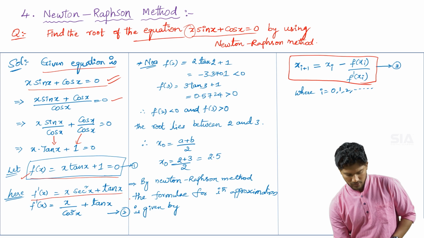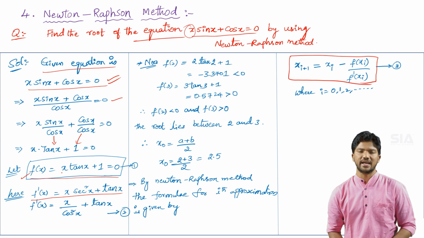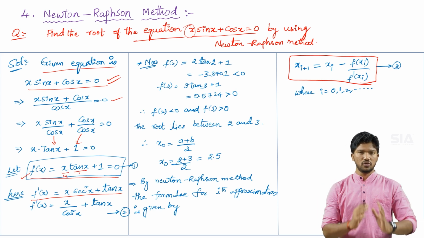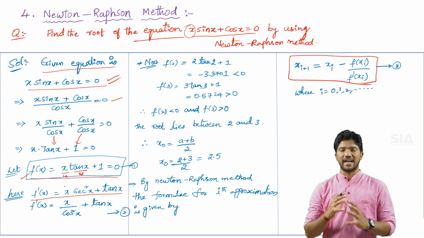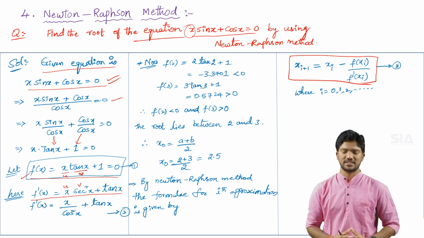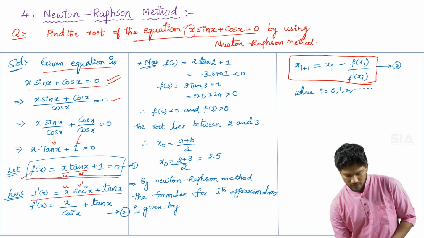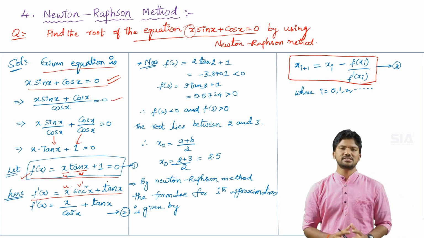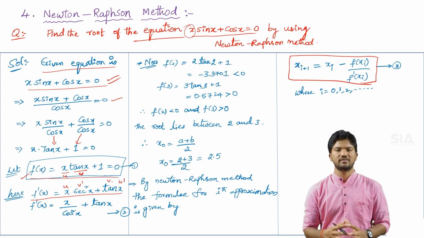To apply the derivative, you can use the u into v method. Take x as u and tan x as v. So u into v dash, where v dash means the differentiation of tan x, which is secant square x, plus v into u dash. v is tan x and u dash is the derivative of x, which is 1.